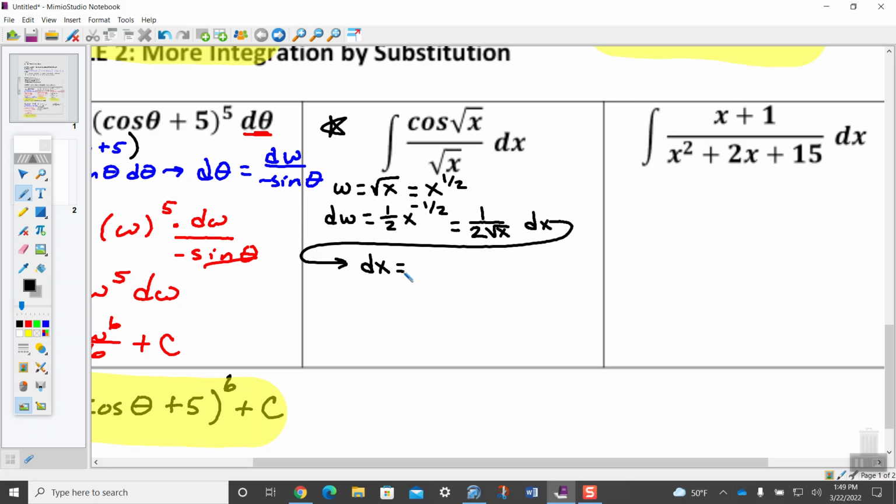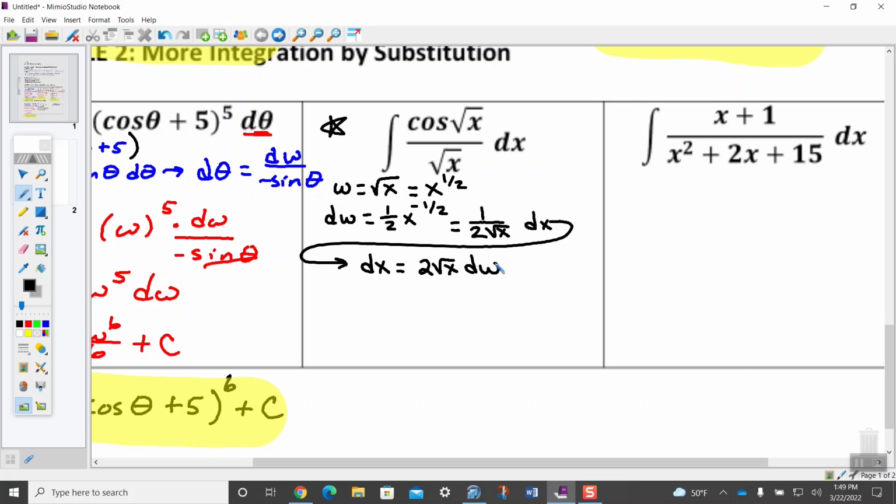So if I multiply by 2 root x, that goes away. It makes dx be alone, doesn't it? So dx would equal dw times 2 root x. Would you agree with that? Okay, let's just go with it.